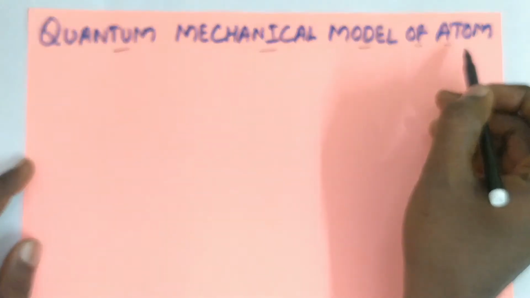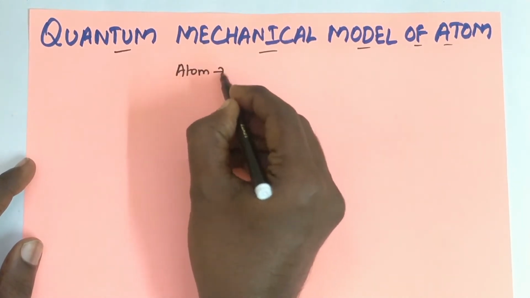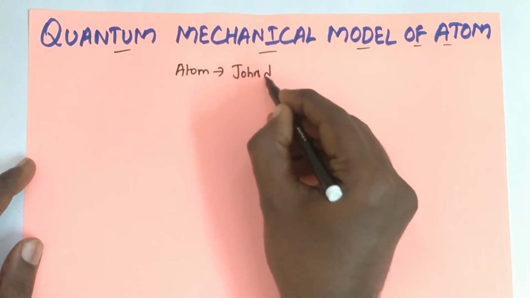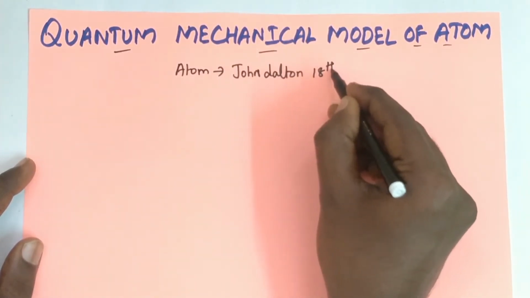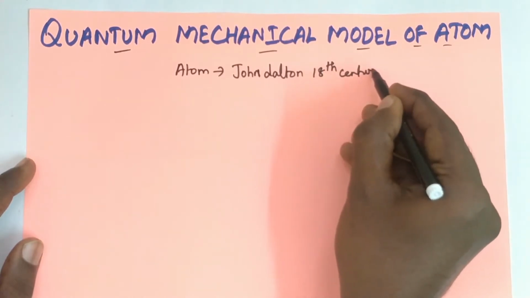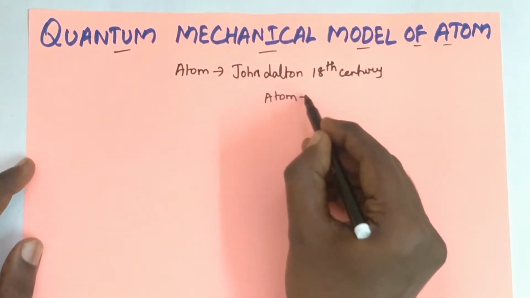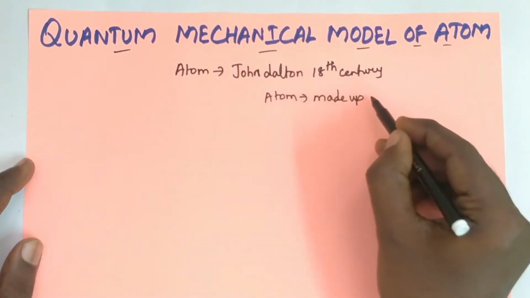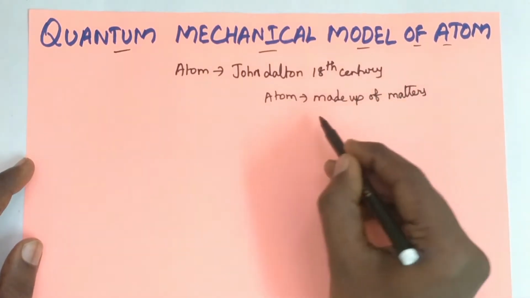In lower classes, we studied about the atom. The atom was first discovered by John Dalton in the 18th century. He made some postulates, and he said atoms are made up of matter.